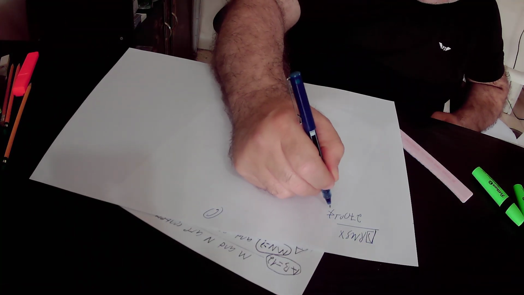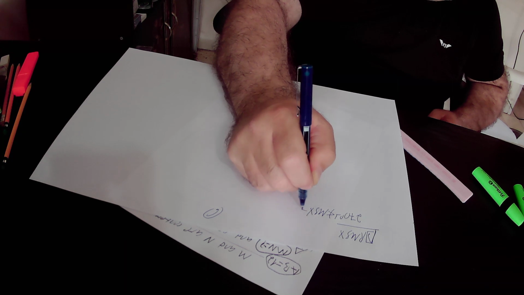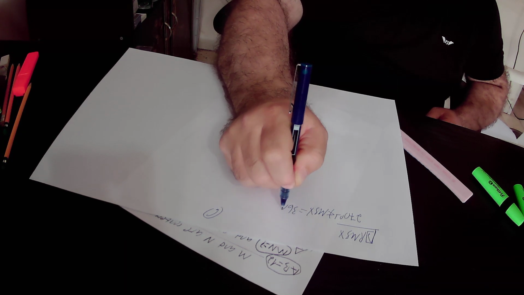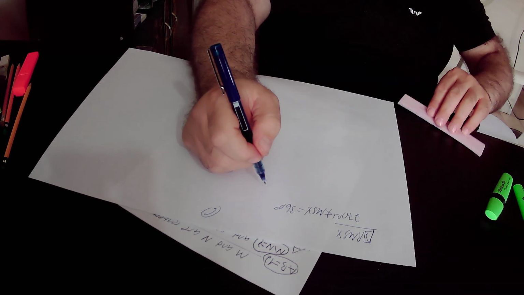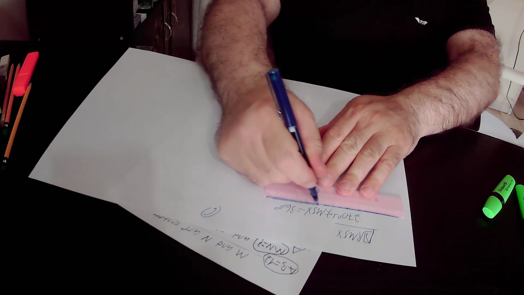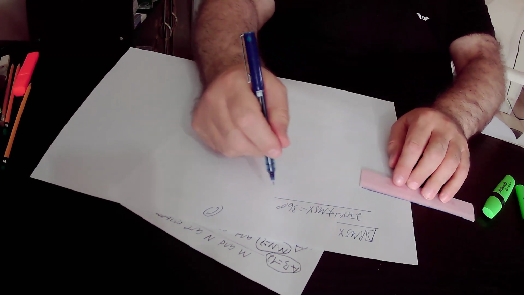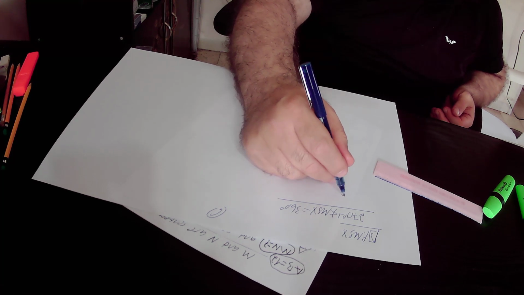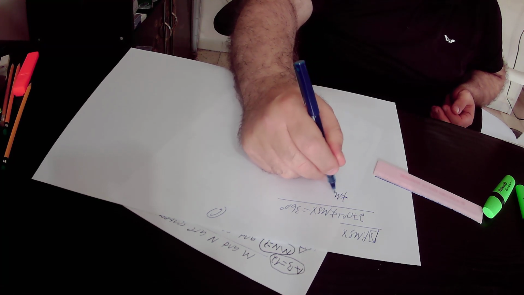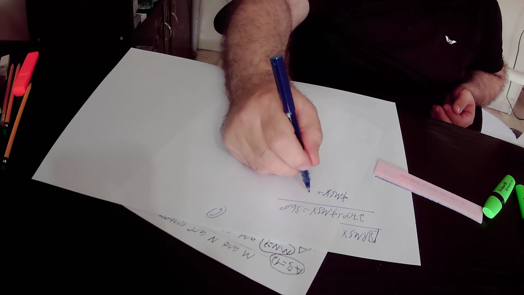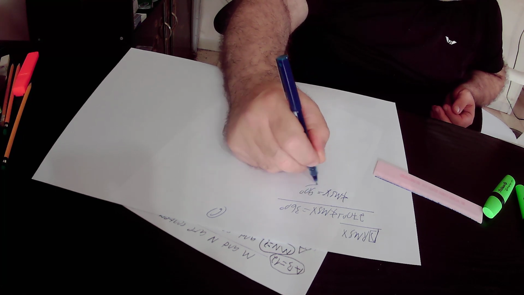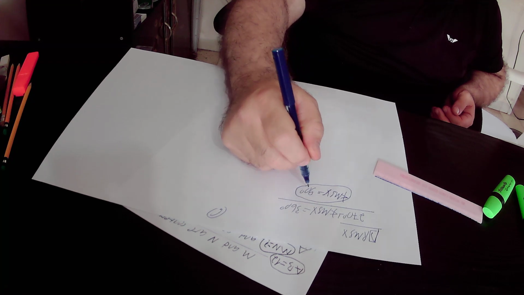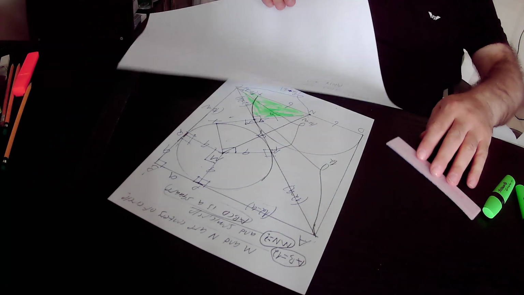In total, the sum of those four angles must be equal to 360 degrees, according to the rule that the sum of the angles in any quadrilateral is equal to 360 degrees. We will subtract 270 degrees from this equation, and we will get that the size of angle MXS is equal to 360 degrees minus 270 degrees, it is 90 degrees. So we found out that angle MXS is a right angle, it equals 90 degrees.